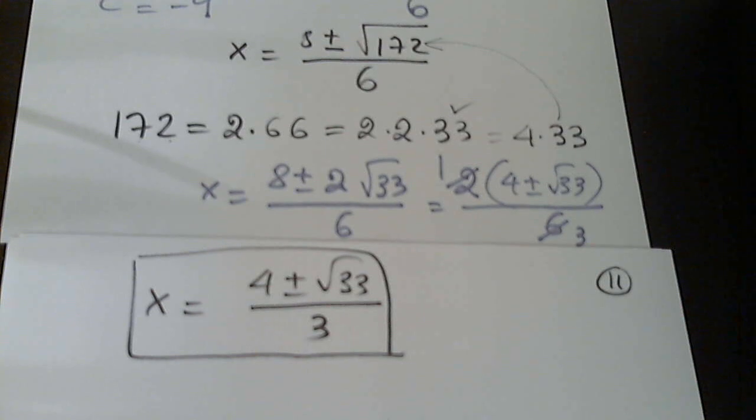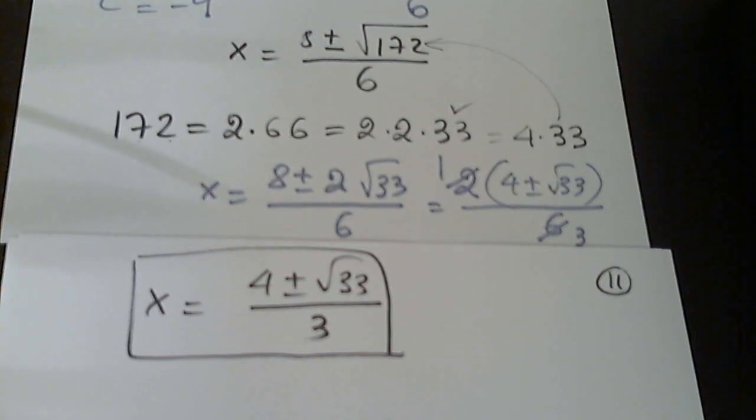So plus. Now I have to write the square root. I have to write 33. I have to put the denominator as 3. I have to continue, put the comma, repeat, everything the same but with minus, 4 minus the square root of 33 divided by 3. Again, not a friendly situation. I needed a lot of attention to read all this and a lot of work to get the answers.